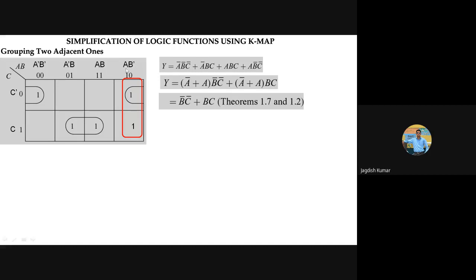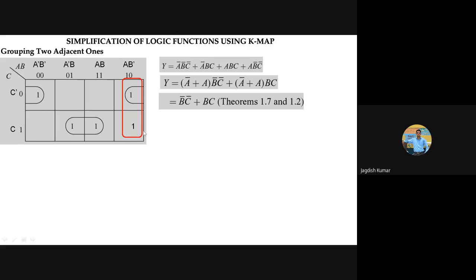But you have to make sure that you don't leave out any one. If you have some one sitting somewhere that is not making a pair at all, then you have to write down the term corresponding to that also. For example, if this one had been 0, then this one would not have formed any pair.